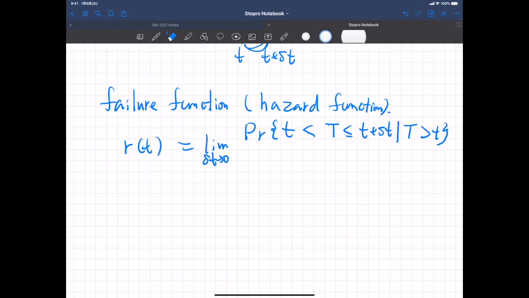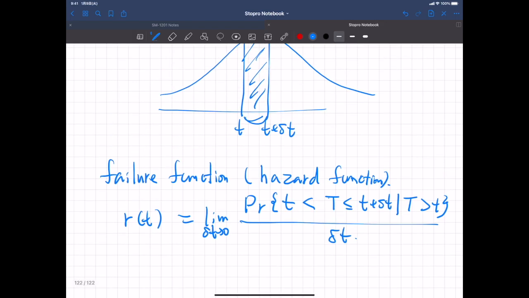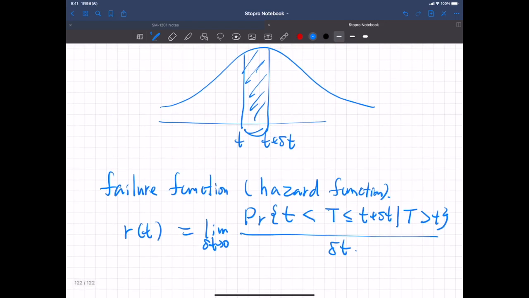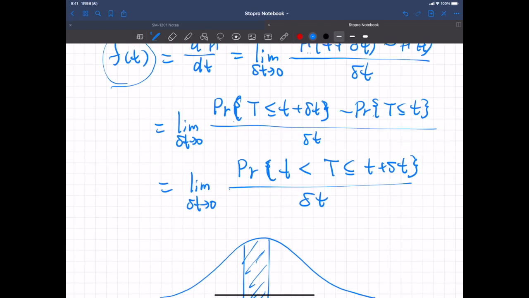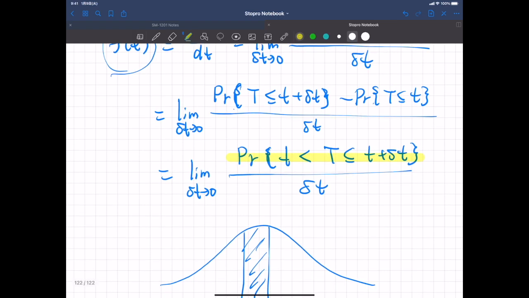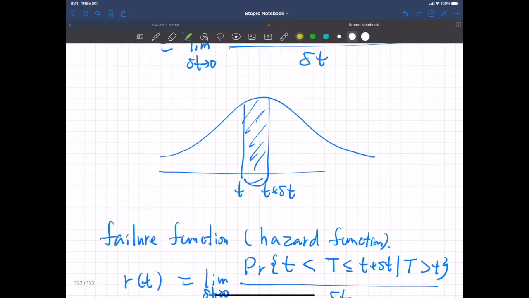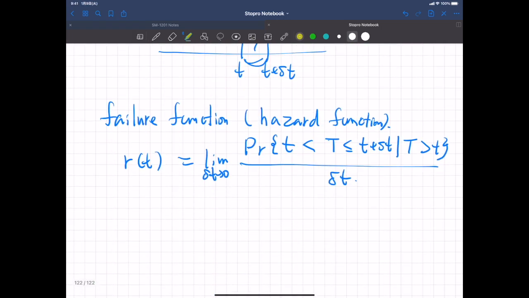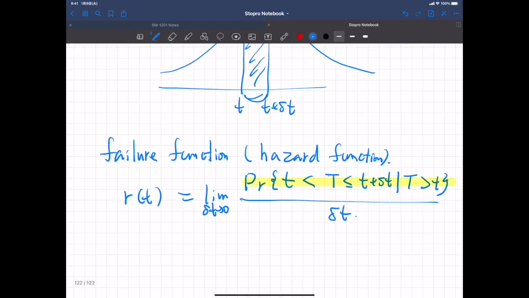So this is a conditional probability. Okay, so comparing this definition of the failure function with this definition of the density function, especially look at this part. This is unconditional in the density function, and this is conditional in the failure function. But otherwise, except for the conditional part, they are actually the same.